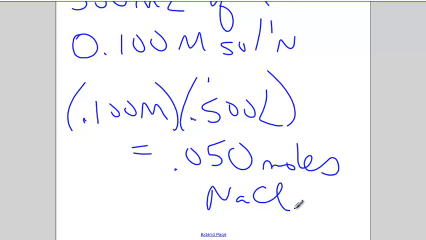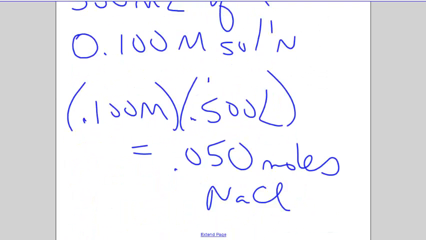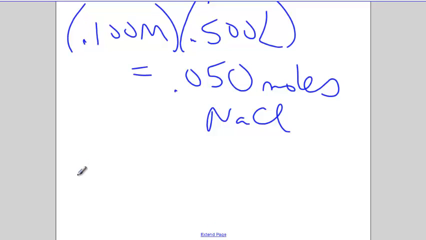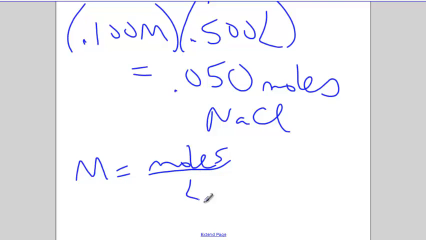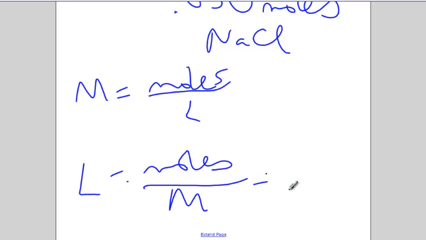So now I have to say to myself, what volume of this solution, my original solution, is going to give me that many moles? So once again, molarity is moles per liter, and liters is moles over molarity.